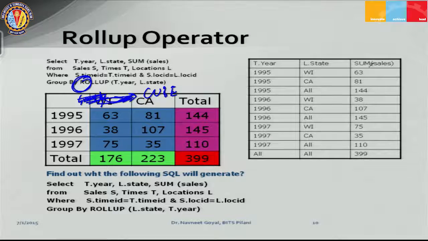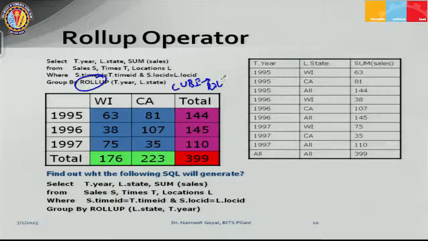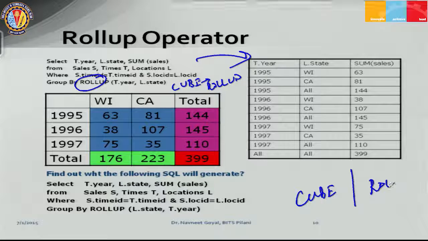Now we introduce another operator called roll up. Instead of cube, I am using roll up. You can see the result of this query is here. Now what is the difference between the cube and roll up queries, so that you will be able to understand?